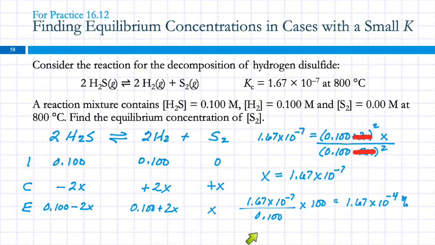This is my check to see if the approximation is valid. What I'm looking for is something smaller than 5%. It's definitely smaller than 5%. So X is small, the approximation is valid, and so this is the concentration of S at equilibrium, which is what it was asking me for.